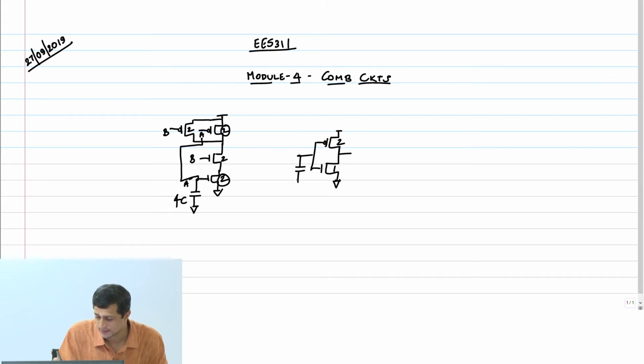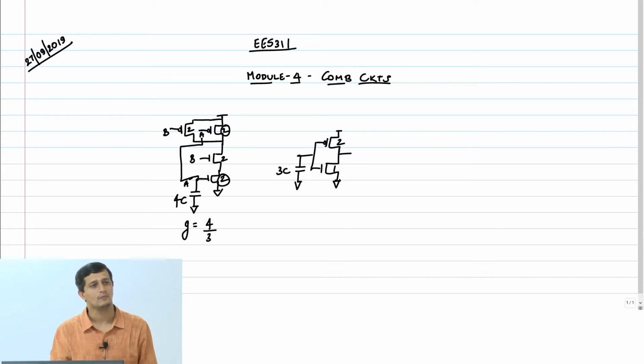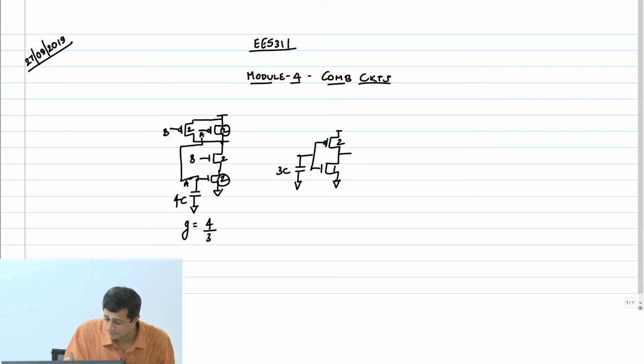So this capacitance will be 3C. So the logical effort will be 4 by 3.